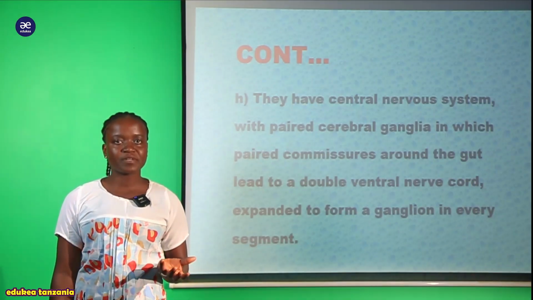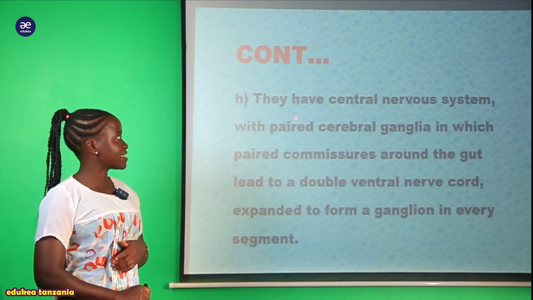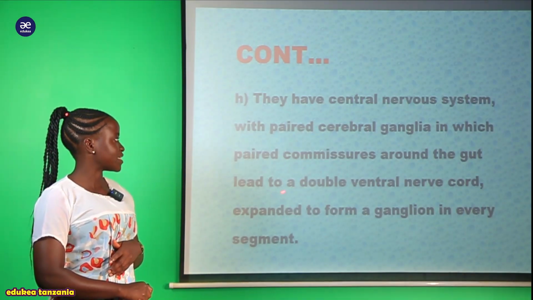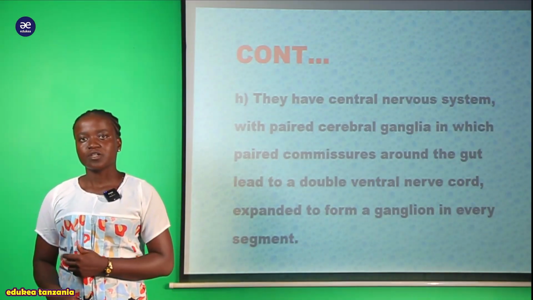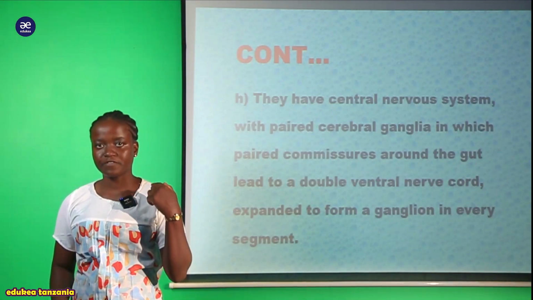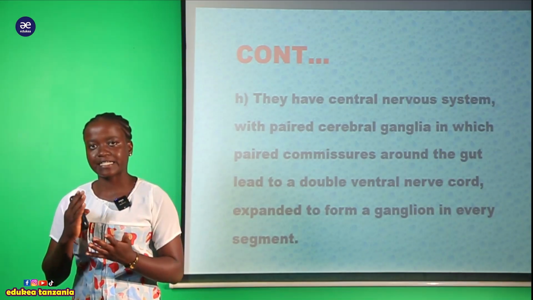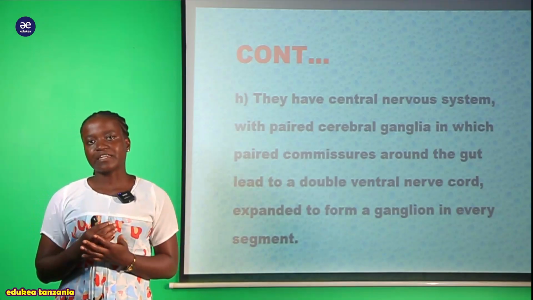How is it formed? As we have already said, it is formed by the cerebral ganglia commissures around the gut and this double ventral nerve cord, which leads to the formation of the ganglia. So those are the general characteristics of this organism, that is, phylum Annelida.